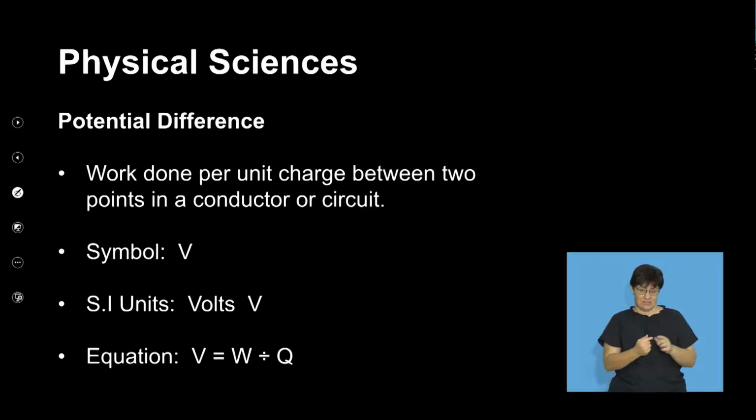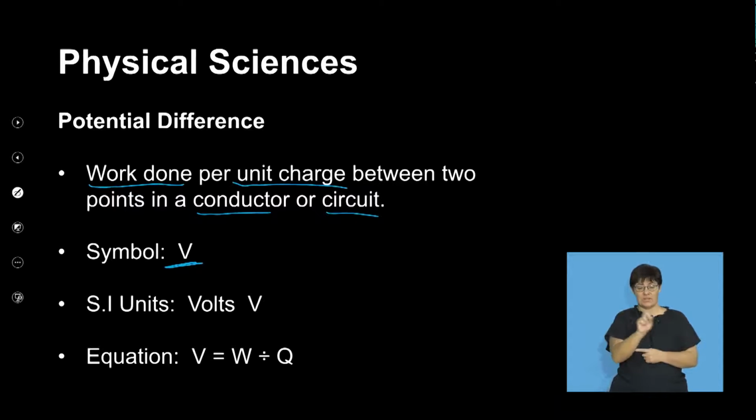When we've been dealing with electric circuits, we know that potential difference is defined as the work done per unit charge between 2 points in a conductor or a circuit. The symbol for potential difference is V. The SI units are volts, and the symbol for the volt is also V, and the equation is V is equal to W, the work done, divided by Q, the charge.